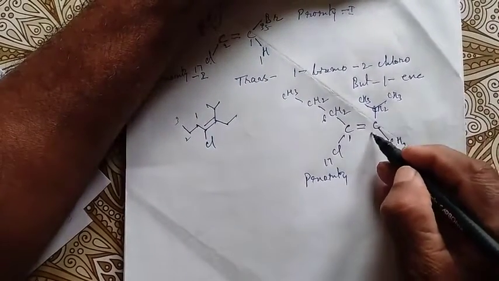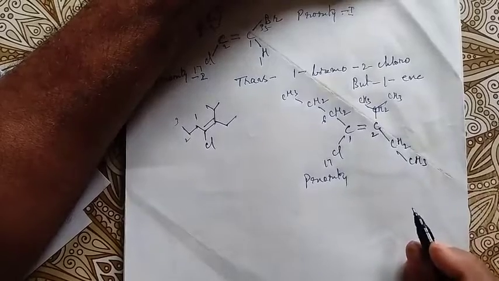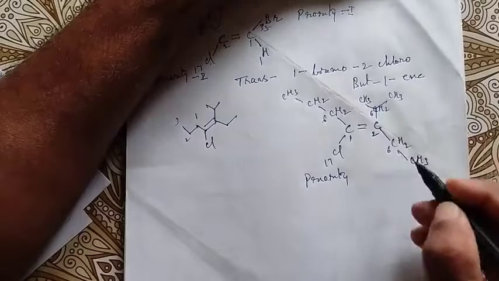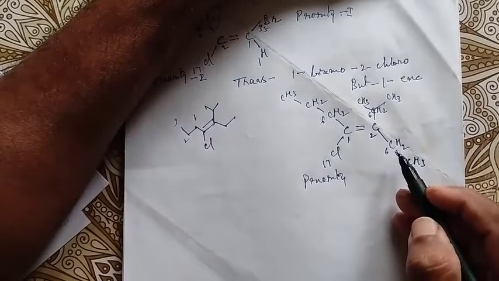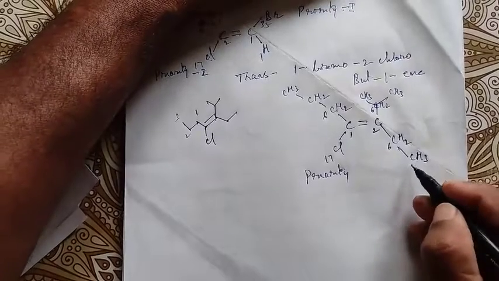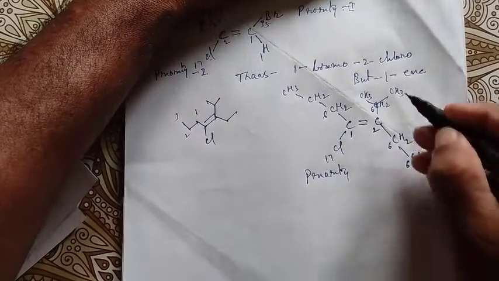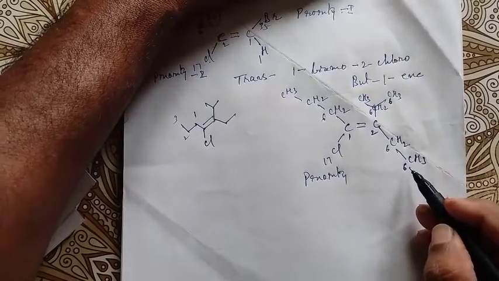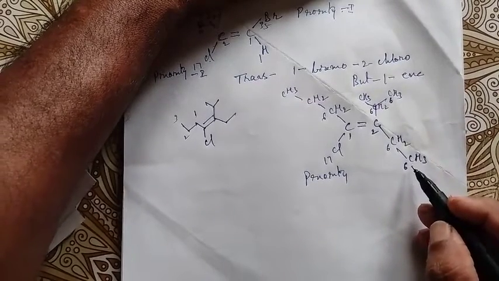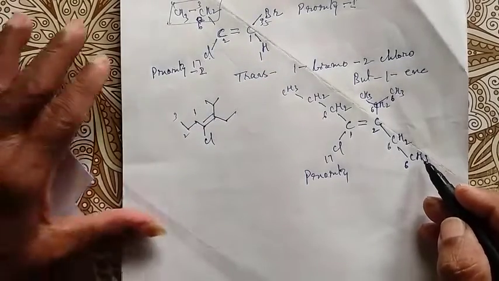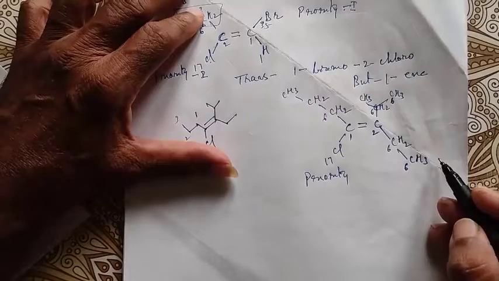Now come to the C2 carbon atom. In C2 carbon atom, the first atom is carbon, here also carbon. So first atoms are the same. If first atoms are the same, then you have to check for the second atom. The second atom here is also carbon. Second atoms are also the same. Then if the first and second atoms have the same atomic number, you have to look for the third atoms.